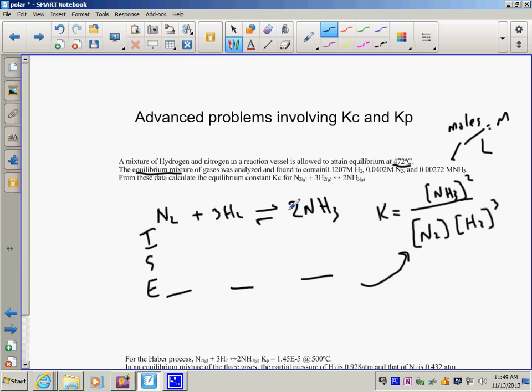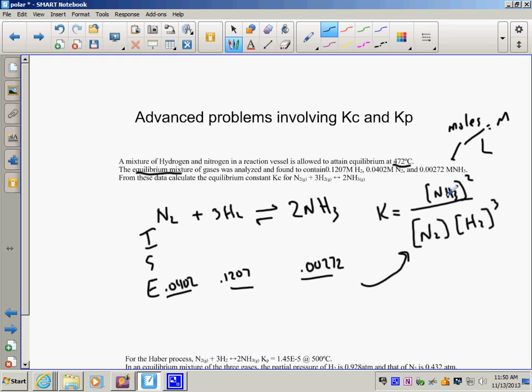So the H2 is going to be 0.1207, and then the N2 is 0.0402, and for the last one we have 0.00272. A few things I might note here is that they're giving you 4 sig figs here, 3 and 3. So I would try to hold 3 sig figs almost always on an advanced placement exam.